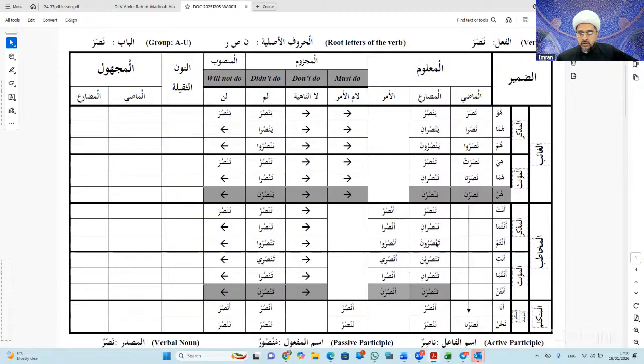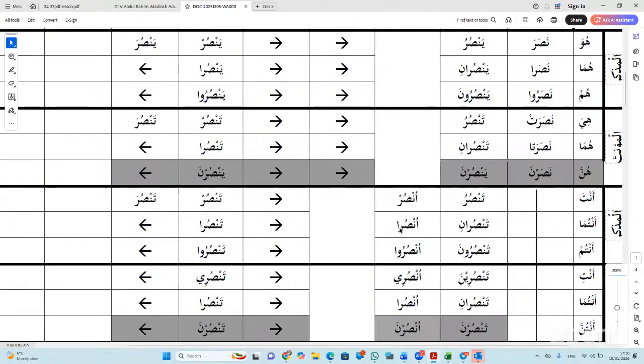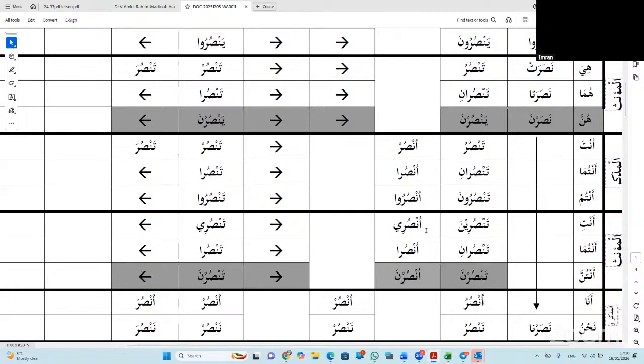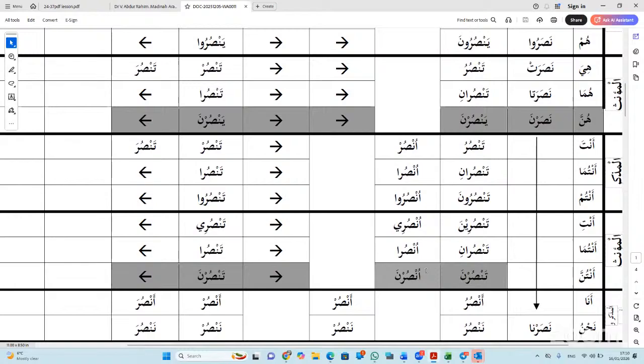Okay. Can you hear? Alaikum salam. So the command for Nasara Yansur was unsur. Unsura, unsuru, correct. unsuri, unsura, unsurna. Excellent. So this is the command.